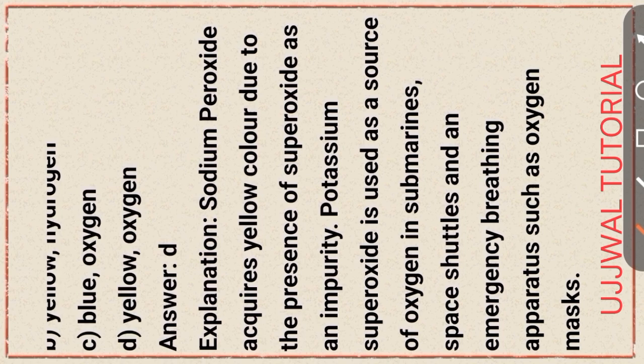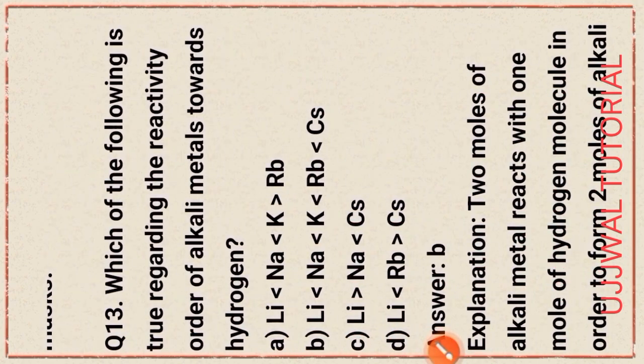Sodium peroxide is yellow due to the presence of superoxide as an impurity. Potassium superoxide is used as a source of oxygen in submarines, space satellites, and emergency breathing apparatus such as oxygen masks.